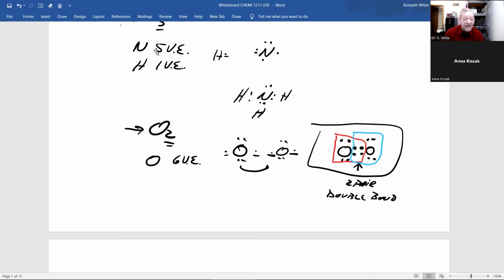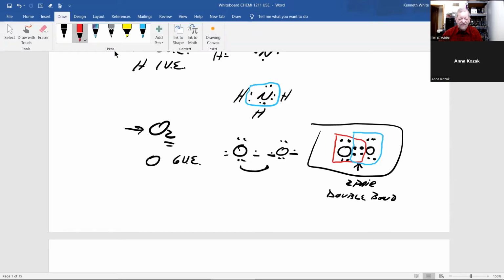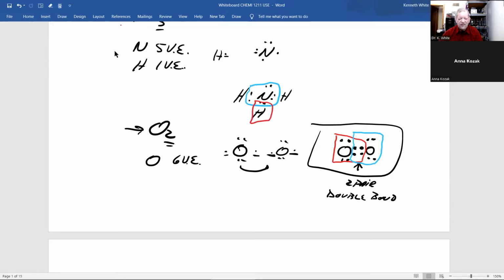So each oxygen has its octet. If we look up here, nitrogen has 2, 4, 6, 8 shared and unshared electrons. Now, hydrogen, remember its octet is 2.